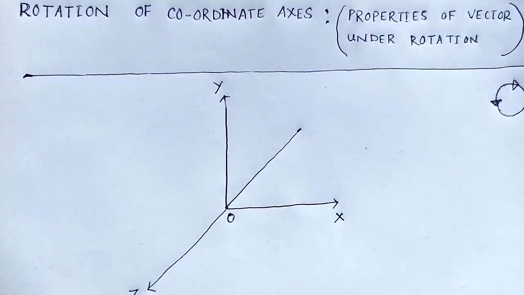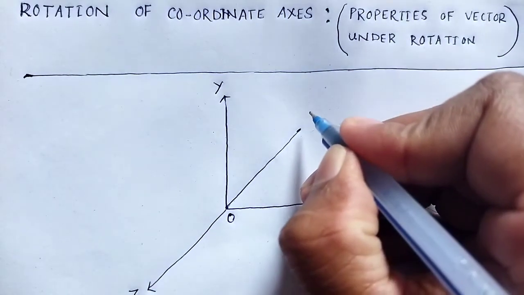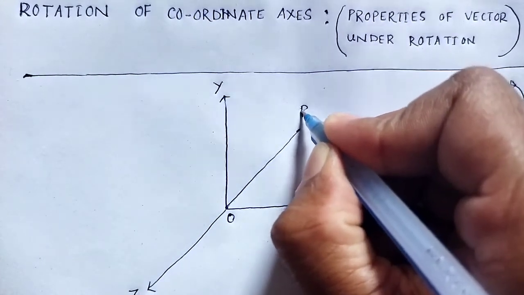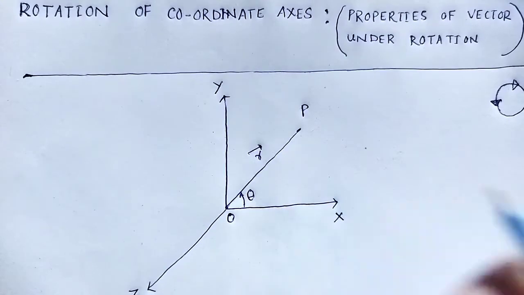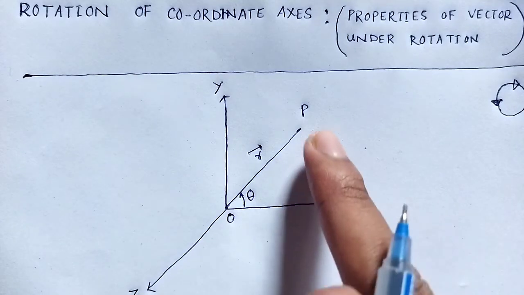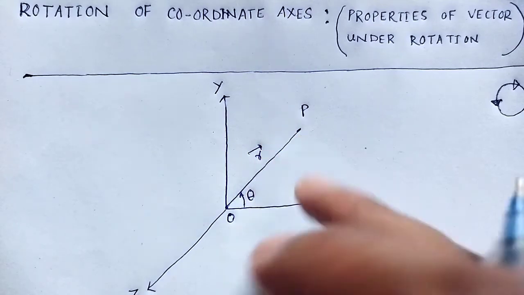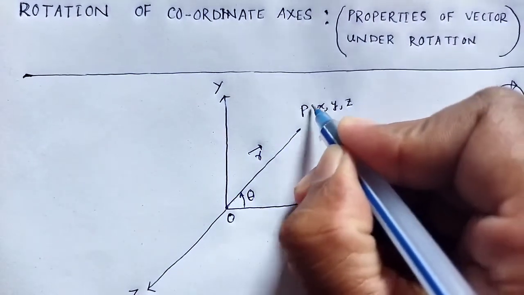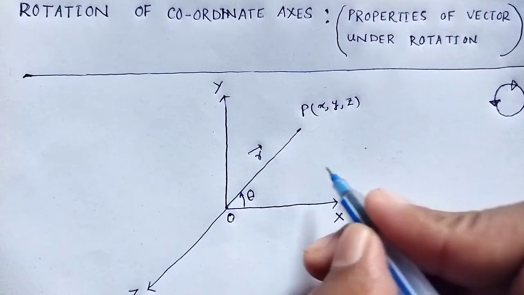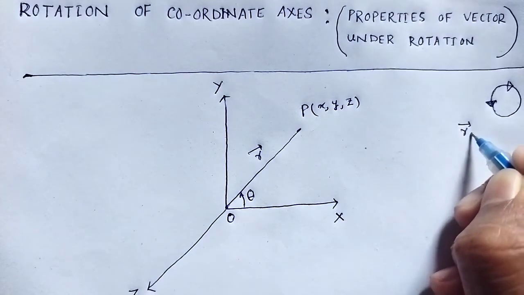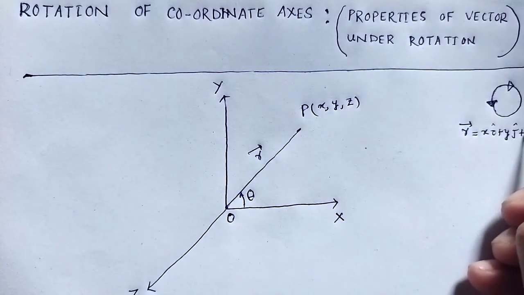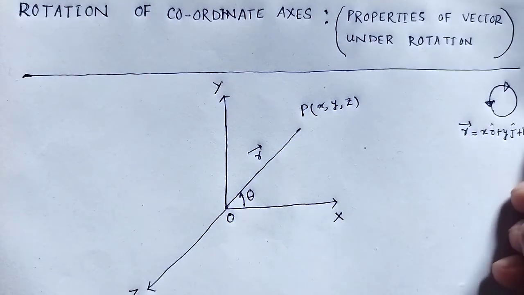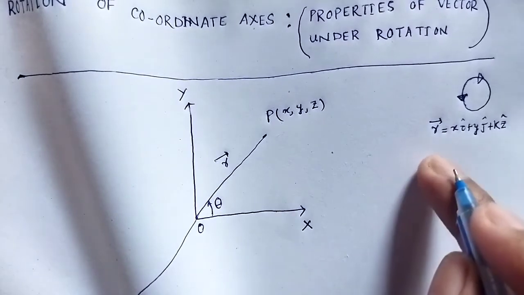Let the position vector be r vector, which is fixed, rotated to an angle theta, where P is the point with the coordinates x, y, z, such that r vector is equal to x i cap plus y j cap plus z k cap. This is the position vector.